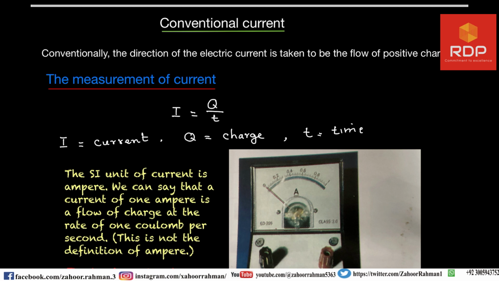Keep in mind that this is not the definition of ampere. We will shortly define the ampere.